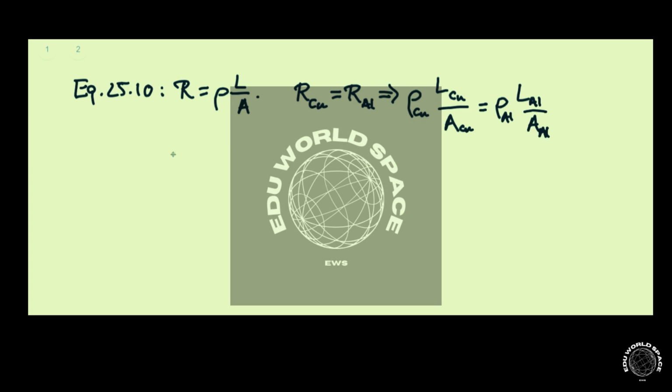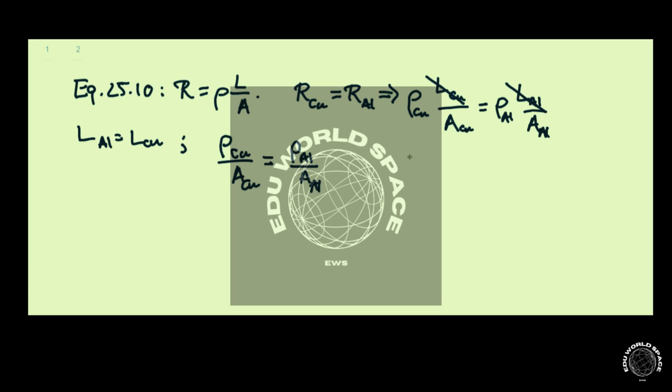But we're also told that they have the same length. So that means that we can get rid of these two lengths because they're the same. So then we find that the resistivity of copper over the cross-sectional area of copper is equal to the resistivity of aluminum over the cross-sectional area of aluminum. And I got this by simply canceling out these two because they're the same length.